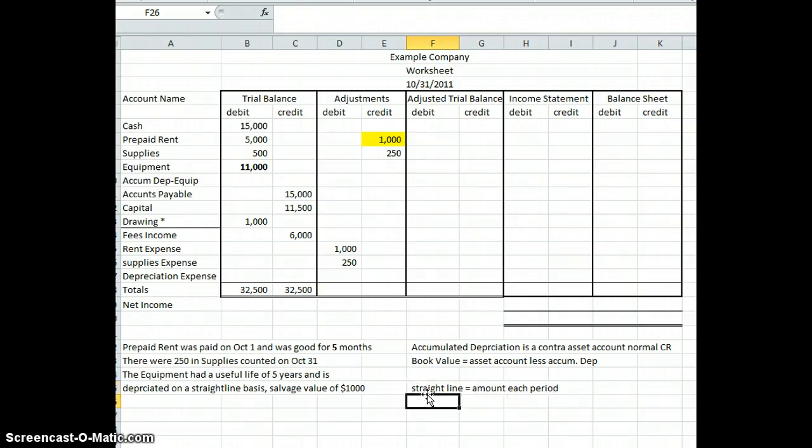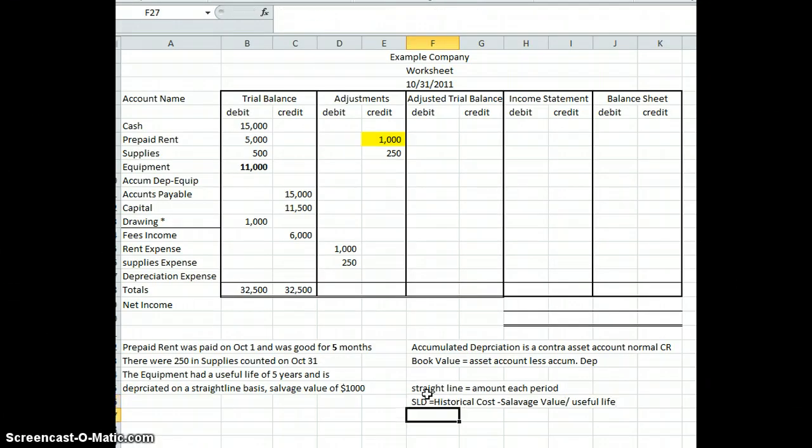The formula for calculating straight line depreciation is historical cost minus salvage. Salvage is what we think we can get for the asset at the end of its useful life. So we could sell it on eBay or sell it to a scrapper, or put it in the penny saver for the salvage value. And then divided by useful life.